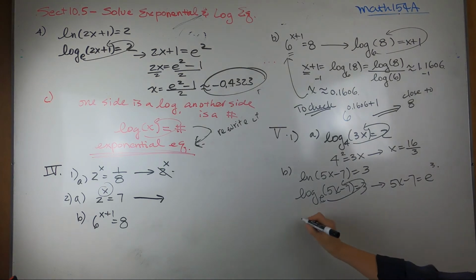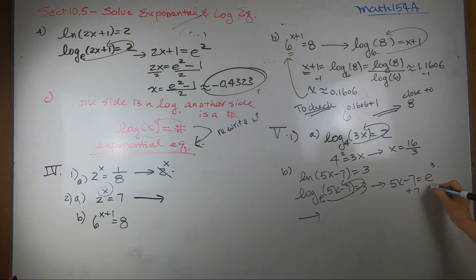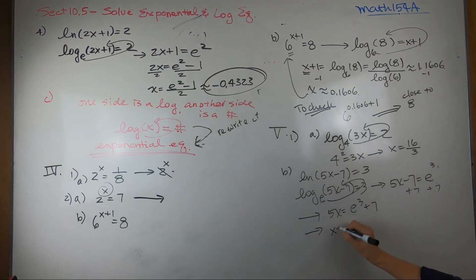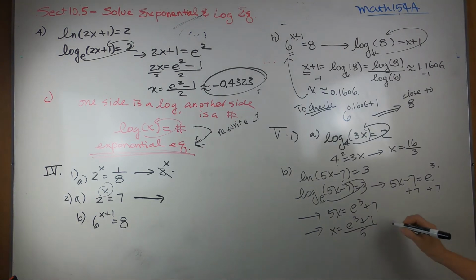Okay, then x plus 7, so 5x equals e cubed plus 7. Then your x is divided by 5. Or you can change it to decimals.